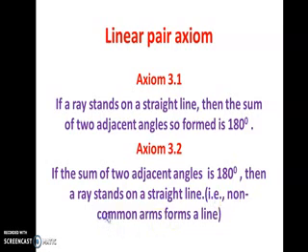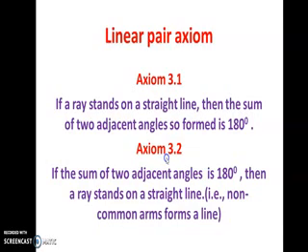That is, non-common arms form a line. Together we call them linear pair axioms. Children, carefully note these two axioms, because further, while you are proving many problems in your exercise 3.1, you have to make use of these axioms.